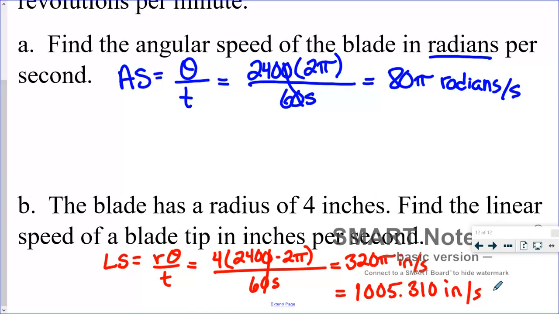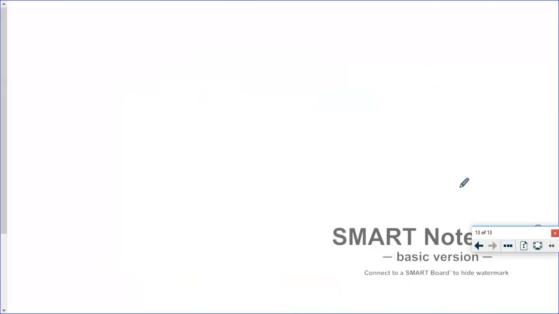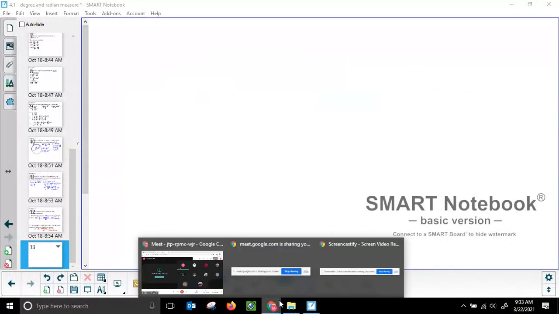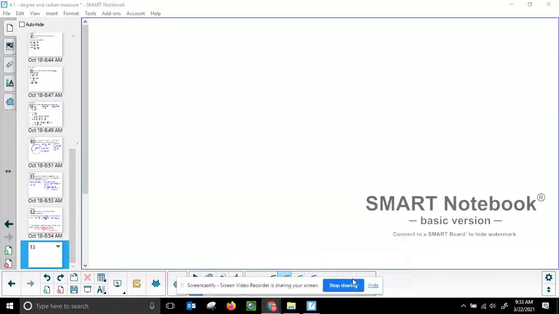So over 1,000 inches per second. That's pretty fast, which makes sense if you're on a saw blade that's flying around very quickly. Okay, that is it for the day. You can go ahead and stop.